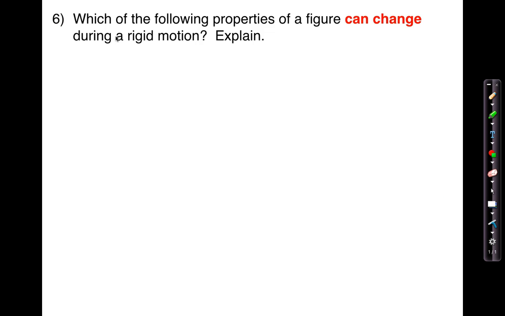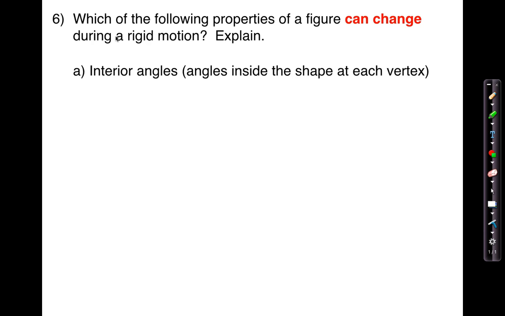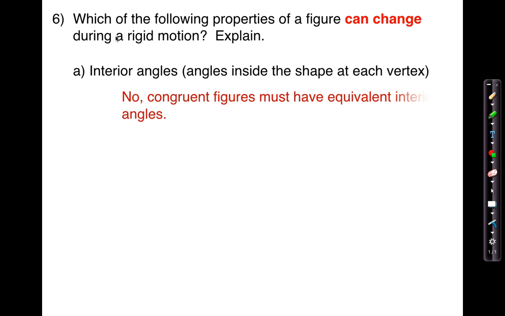For number 6, it says, which of the following properties of a figure can change during rigid motion? Explain. What about interior angles? Will those ever change? The answer is no, because under rigid motion, the shapes are going to be congruent, and with congruent shapes, all corresponding angles will always be the same.